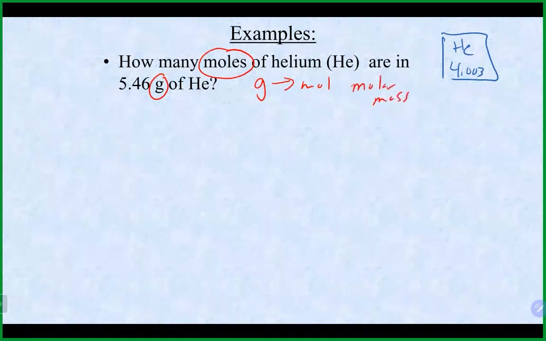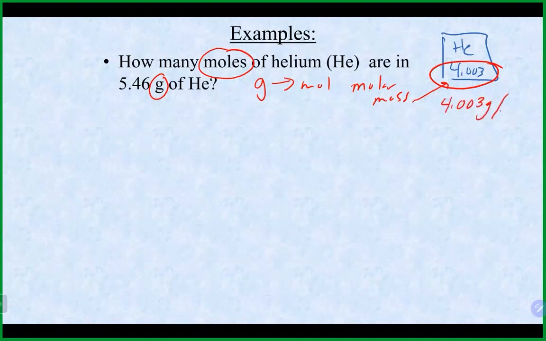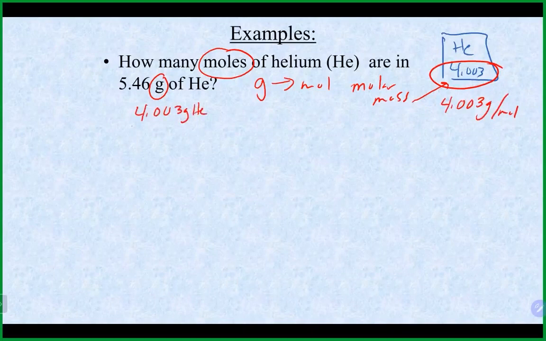And the molar mass, once again, comes from the periodic table. When we pull that number off the periodic table, the molar mass of helium is 4.003 grams per mole, which we can use as a conversion factor in dimensional analysis: 4.003 grams of helium per mole of helium.